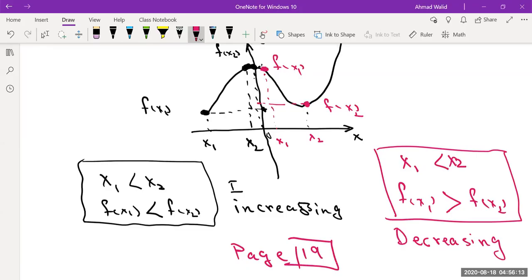Then we jump to 1.3, in which I will cover new functions from old functions. That's a kind of thing that we have to discuss, but 1.2 is easy.